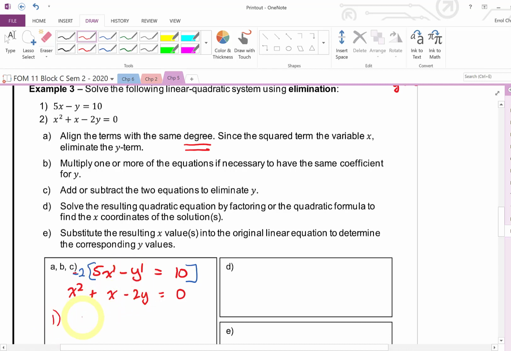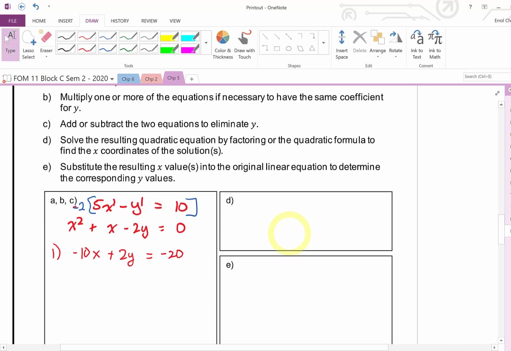So here we go. Equation number 1 becomes negative 10x plus 2y is equal to negative 20. And then equation number 2 is x squared plus x minus 2y is equal to 0. And notice that these are just opposite signs. Elimination, we just add them together and they just cancel out.